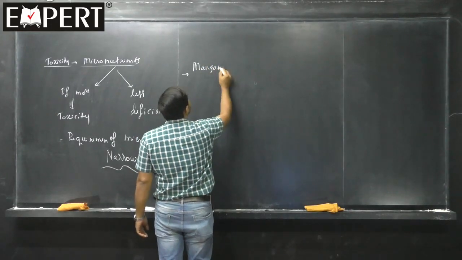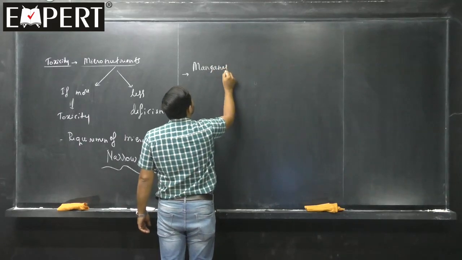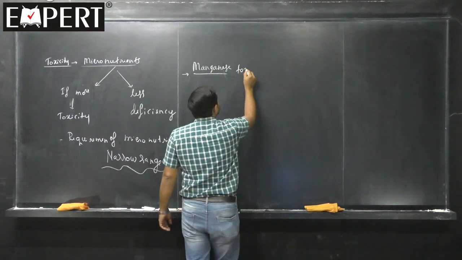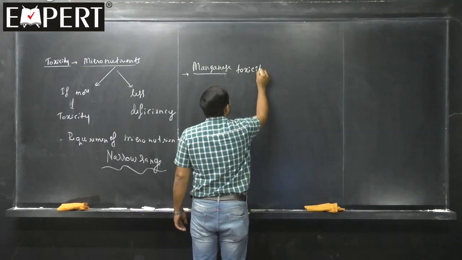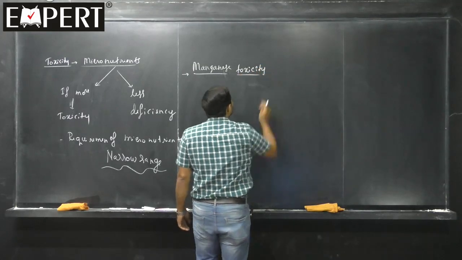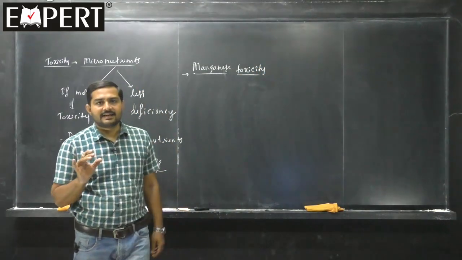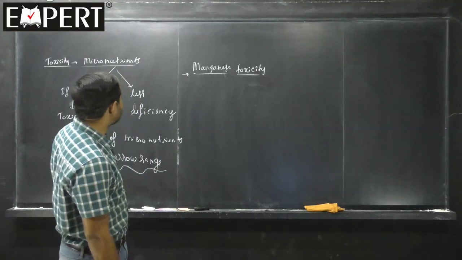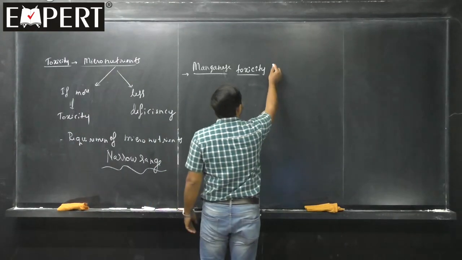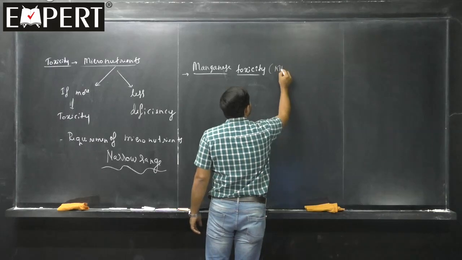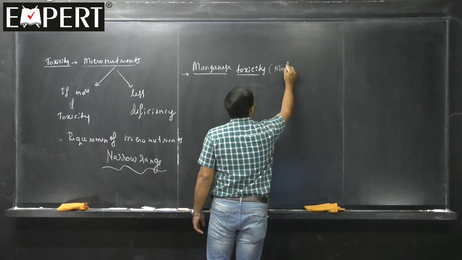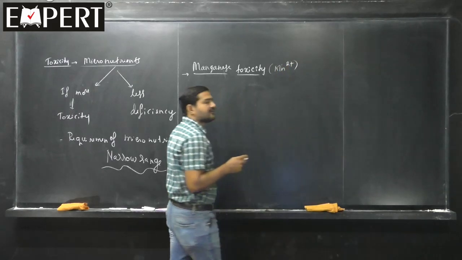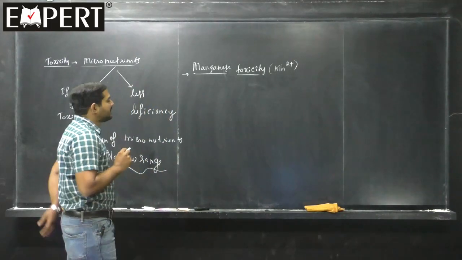So, what is this aspect? Let us discuss now manganese toxicity. Mn2+, divalent, is the form of absorption of manganese.